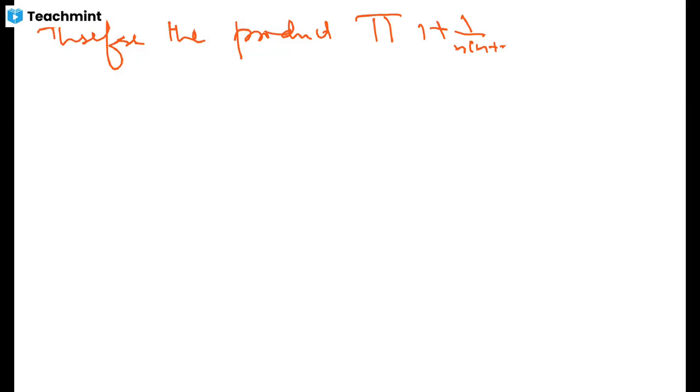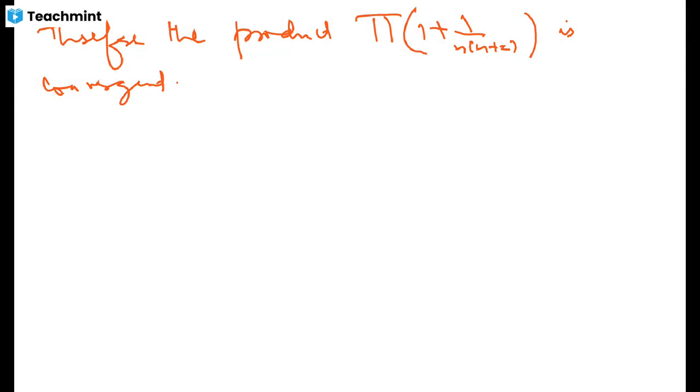Therefore, the product 1 plus 1 upon n into n plus 2 is convergent. Okay, so now that it is convergent, let's see what its value is.